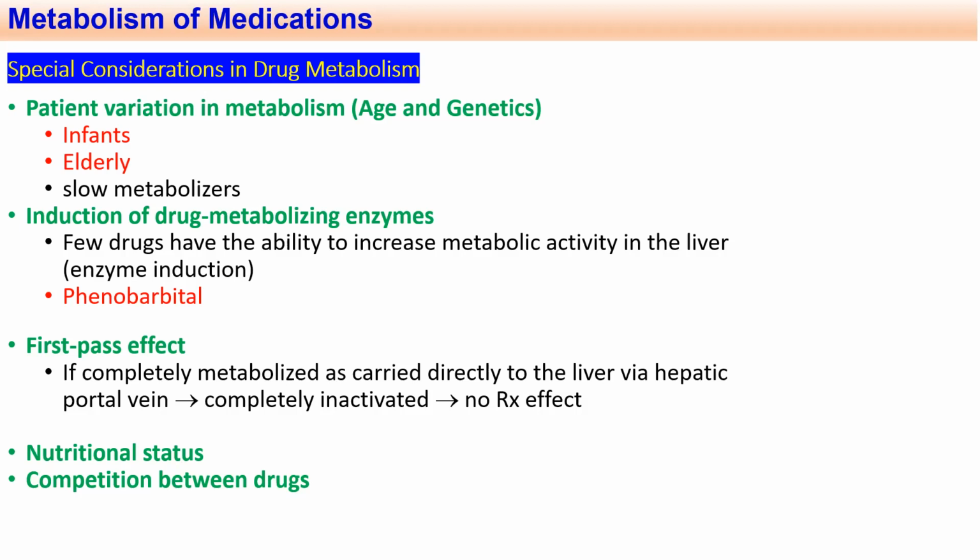And that's why nitroglycerin is given sublingual. So it will be absorbed under the tongue and goes directly into the bloodstream. Otherwise, it will be completely metabolized and go through that first pass effect, and no therapeutic effect is given orally.